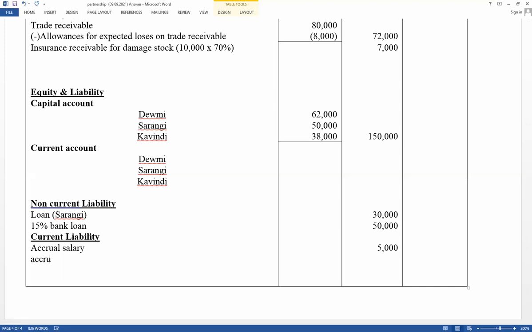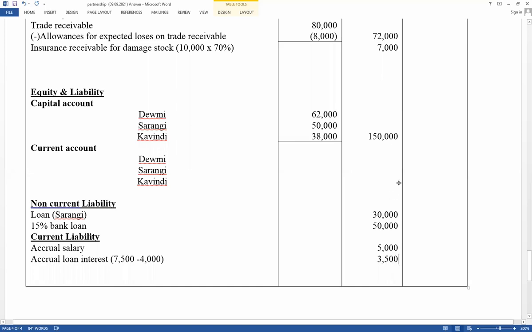The difference value: interest expense equal 7,500, but in the trial balance loan interest paid in cash 4,000. Therefore, not paid 3,500. Think bank loan, think accrual loan interest, as well as expense should be included in the income statement for the year value.